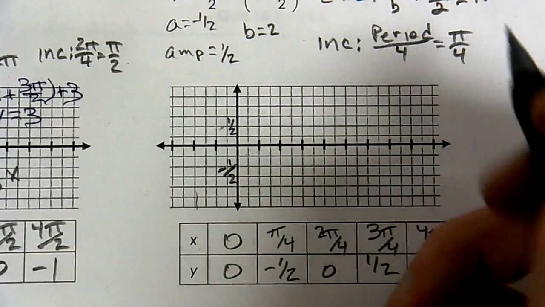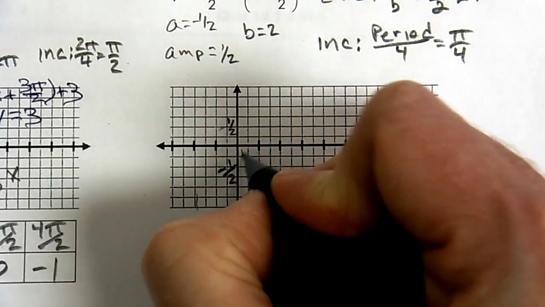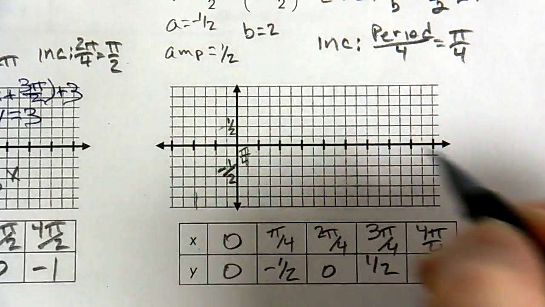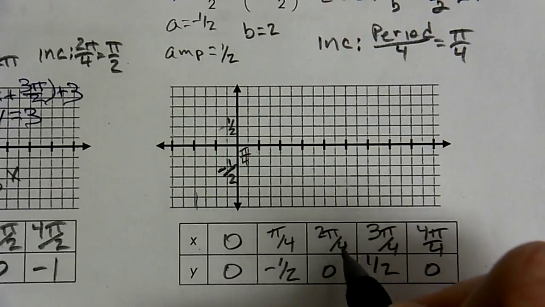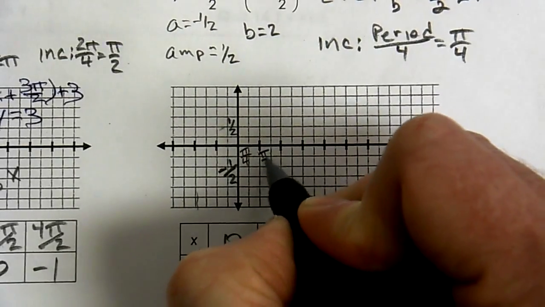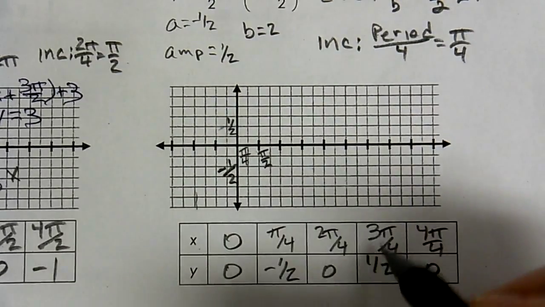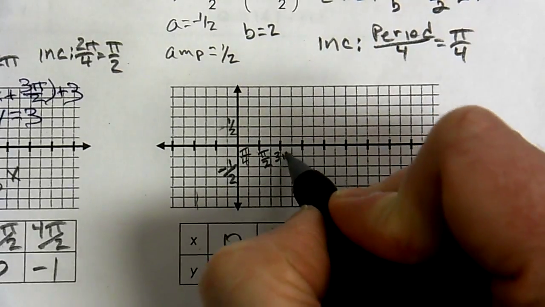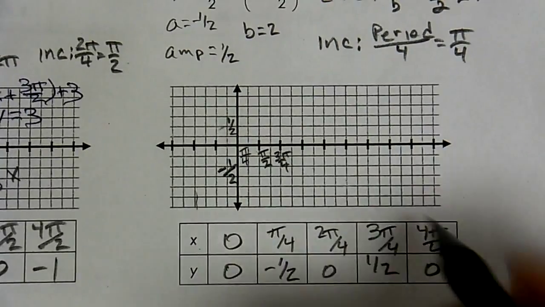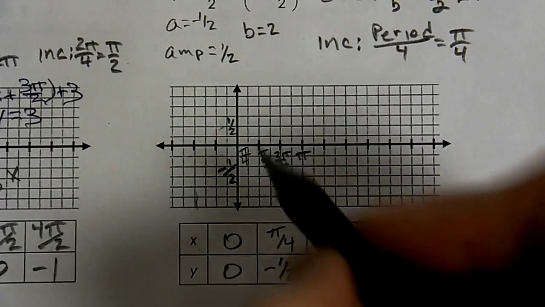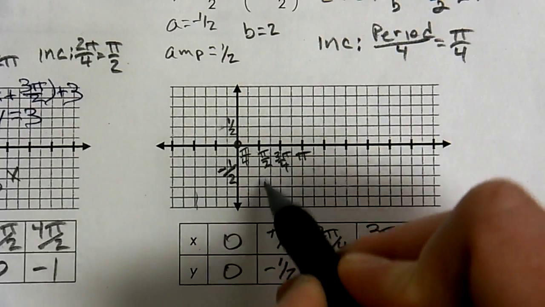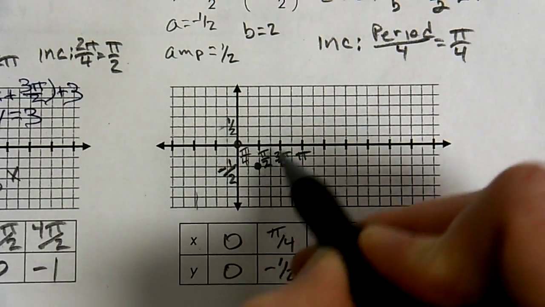So what we're going to do here, we're going to call this guy pi over 4. This guy reduced is pi over 2. 3 pi over 4. And 4 pi over 4, which is just pi. Come down to our half.